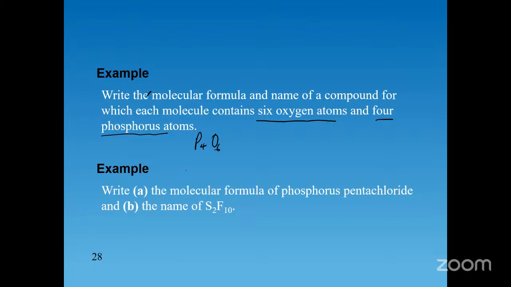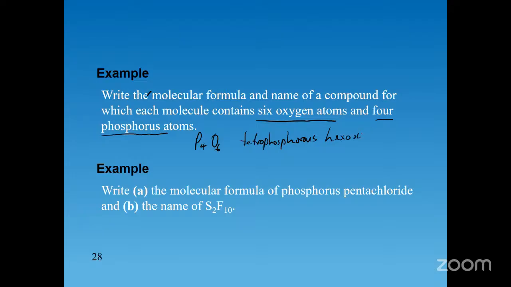So what would be the name based on IUPAC rules? Tetraphosphorus hexoxide, or hexaoxide.